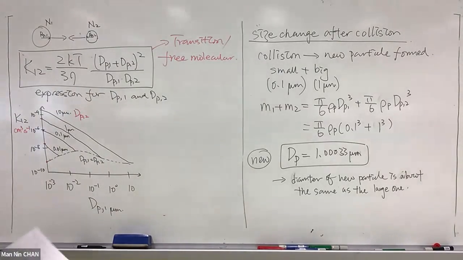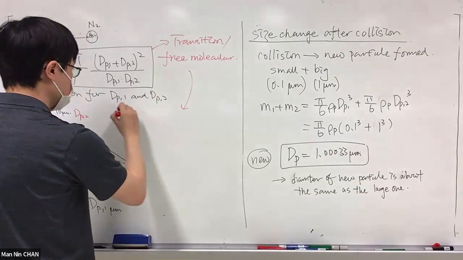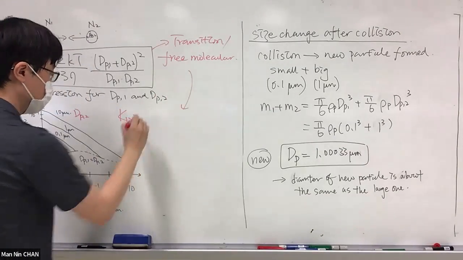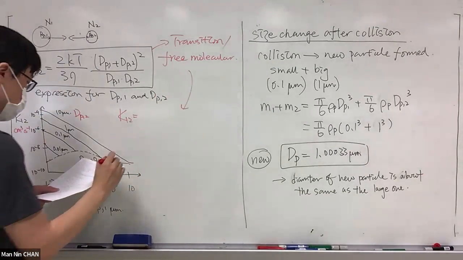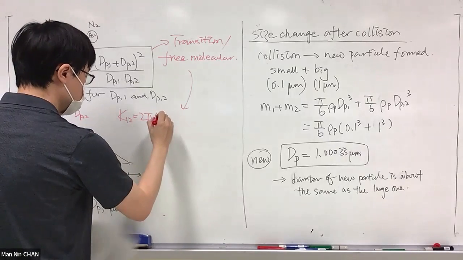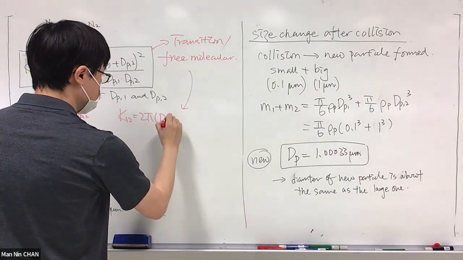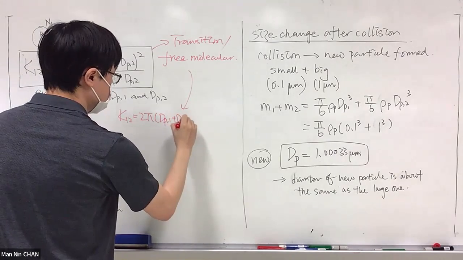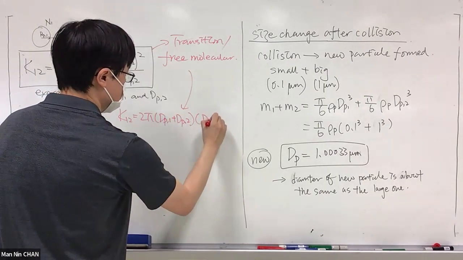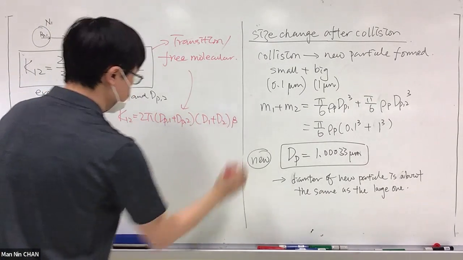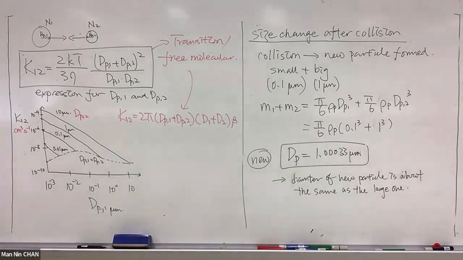So most of the time, one way to do the correction with a different size is that you just multiply by the beta, okay?